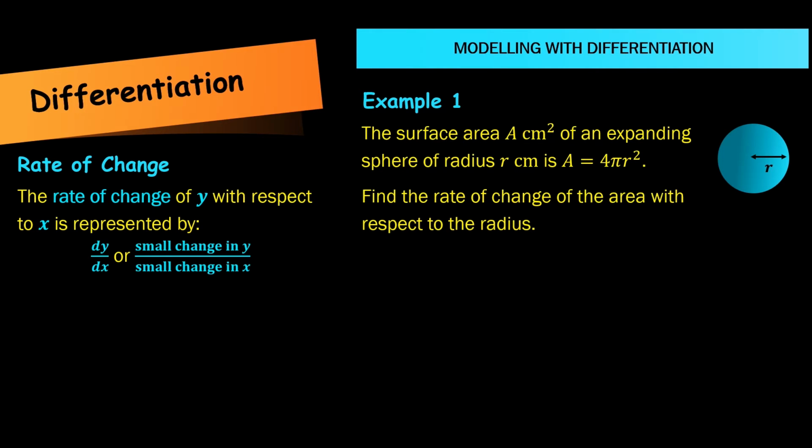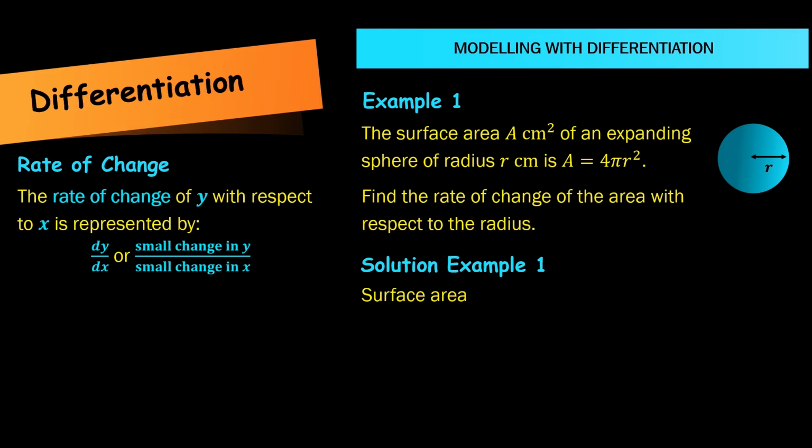Let's take a look at an example. The surface area A centimetres squared of an expanding sphere of radius r centimetres is A equals 4 pi r squared. Find the rate of change of the area with respect to the radius. Let's try solving this.